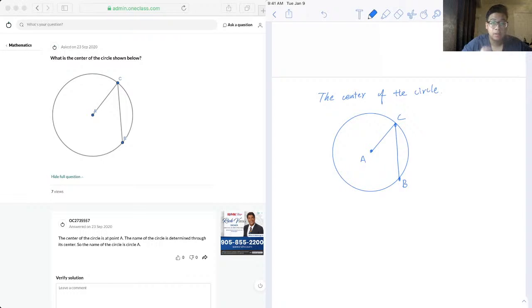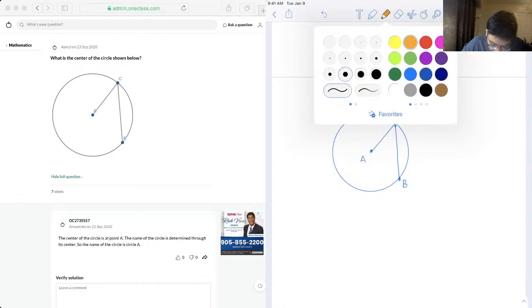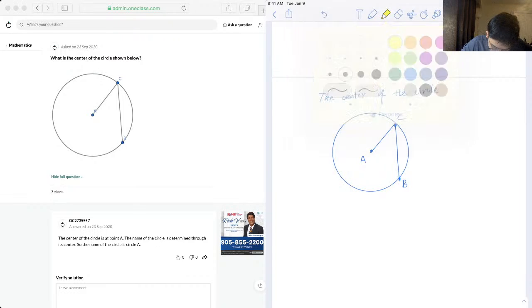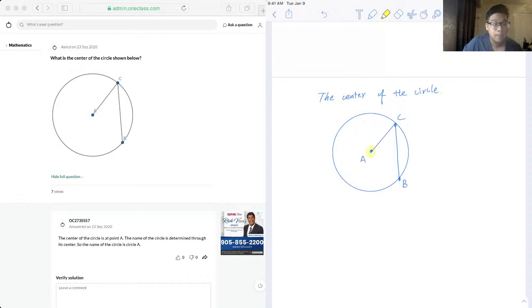Right. So in this question, the center of the circle is at point A. And the name of the circle is determined through its center. So the name of this circle will be circle A.